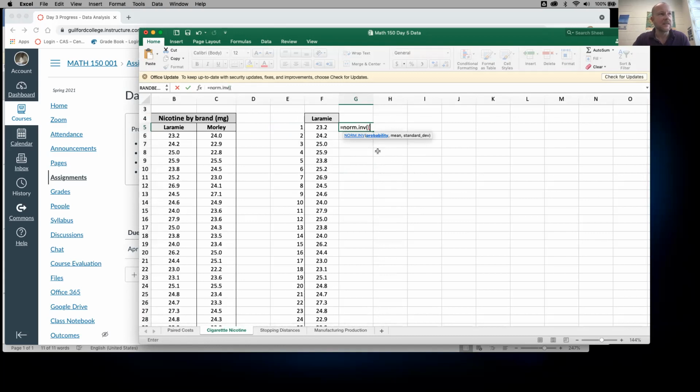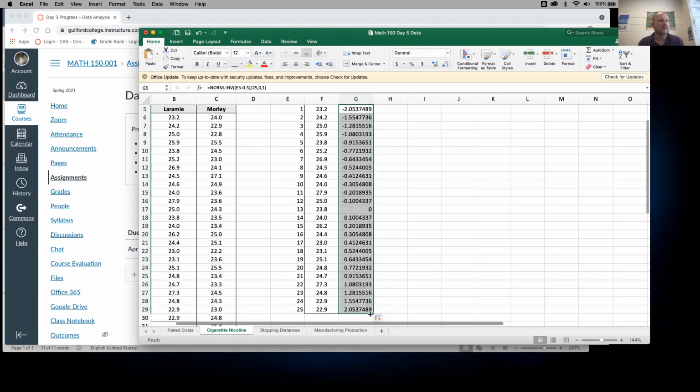It had to be parentheses, E5 minus 0.5 divided by, since there's 25 of them, we're dividing by the 25, okay? And we'll just put 0 and 1 in there. Doesn't matter really what those are, but you do need to have the standard deviation part being positive.